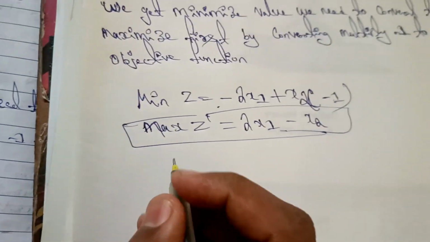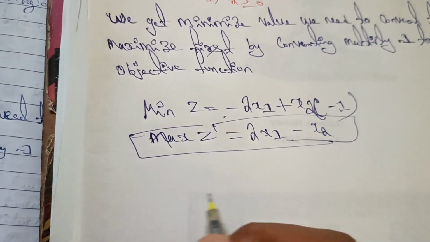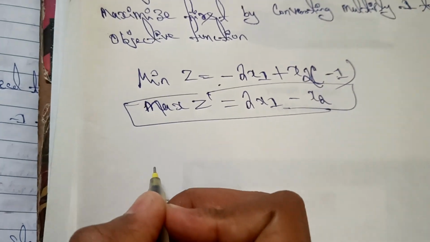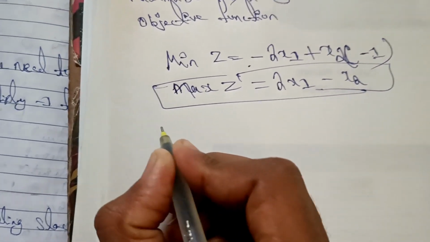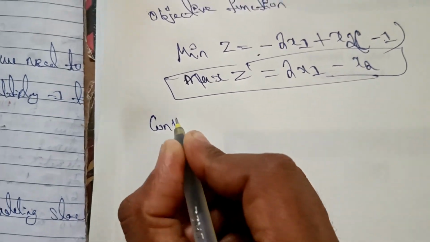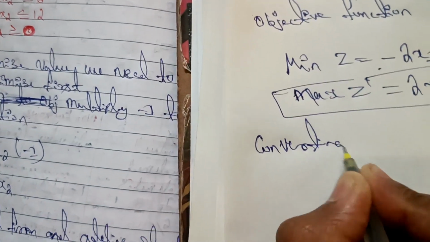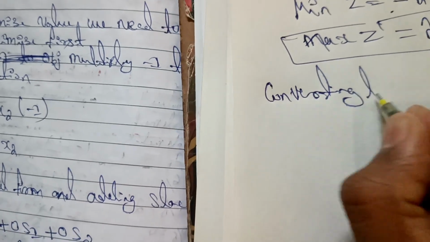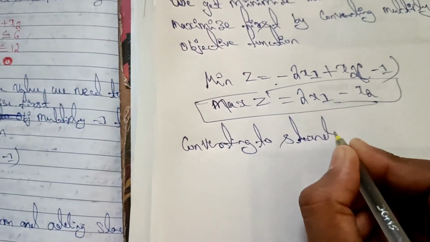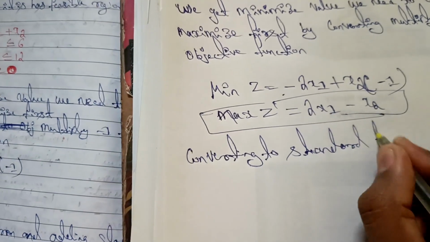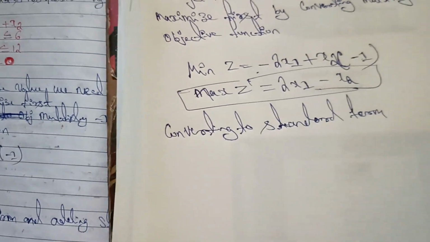After finding the maximum value, we convert it into standard form by adding slack variables.